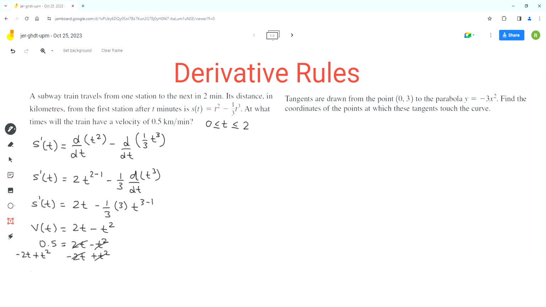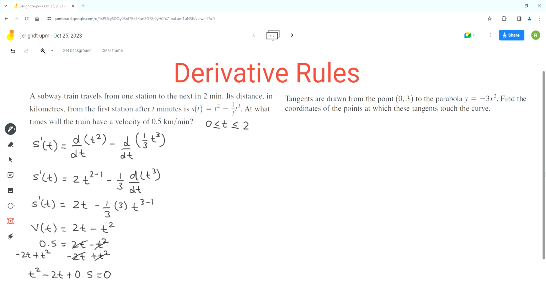So we are left with t squared minus 2t plus 0.5 equals 0. So this is the quadratic equation we have to solve to find the value of t. Now we cannot use factoring because one of the terms is a decimal number. So here we can use the quadratic formula.